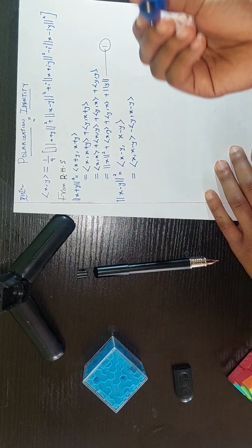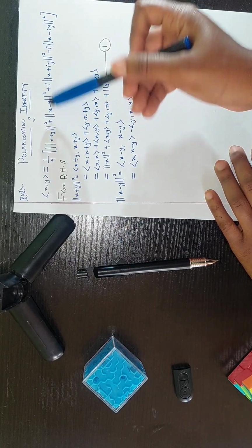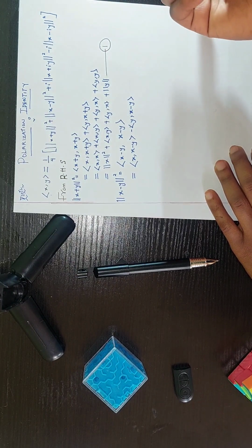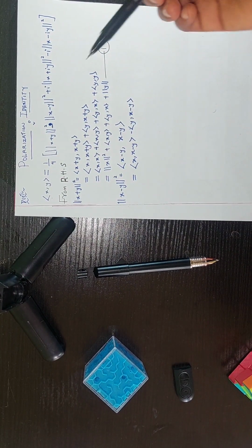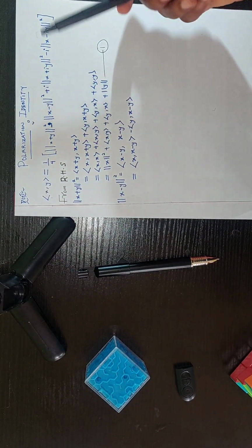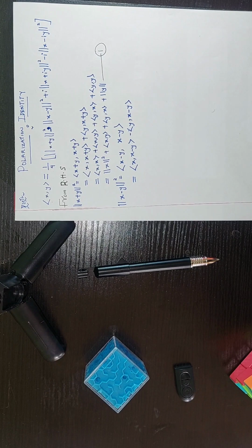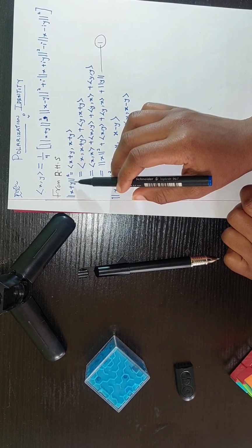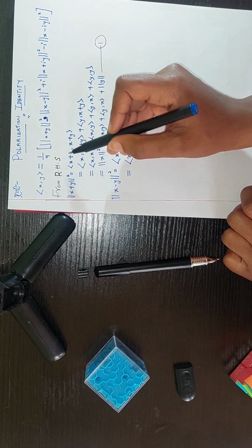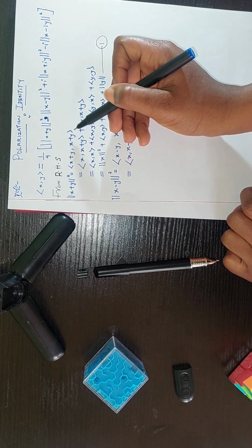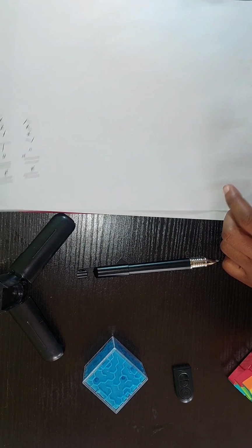So let's continue. For the first part, I'll take it one by one and then I'll add, subtract. Let's take for the first part this part. I have the norm squared of x plus y, so I'll take it as the inner product of x plus y comma x plus y. Let's say I want to open brackets.